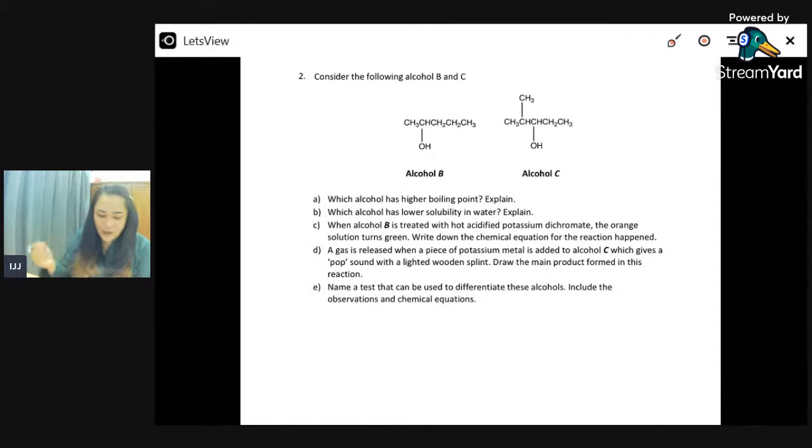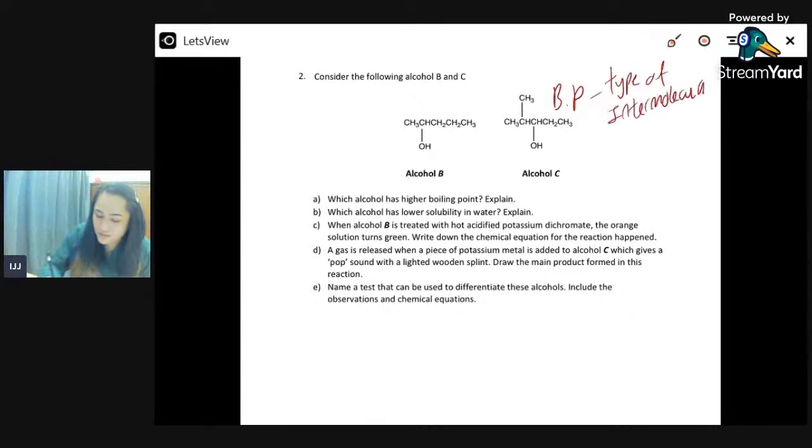Which alcohol has higher boiling point? When you want to answer a question like this, you need to compare, right? B and C, which one has the higher boiling point? So before you compare, you need to understand boiling point, what factor affects the boiling point. The factor that affects your boiling point, whether you have a higher or a lower boiling point, is the type of intermolecular forces.